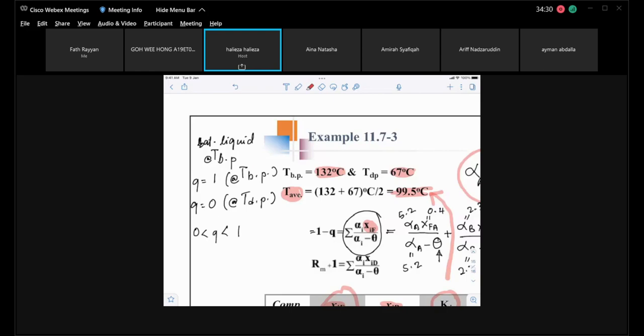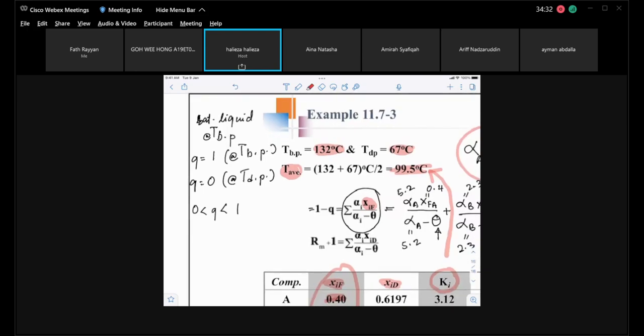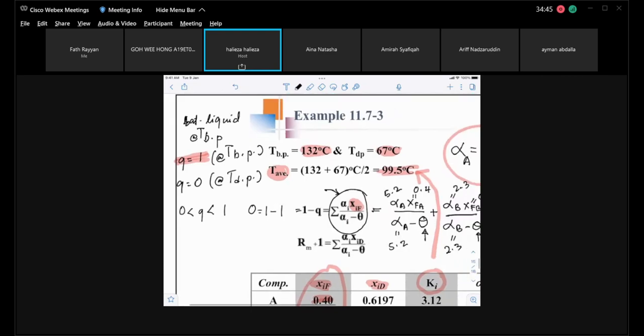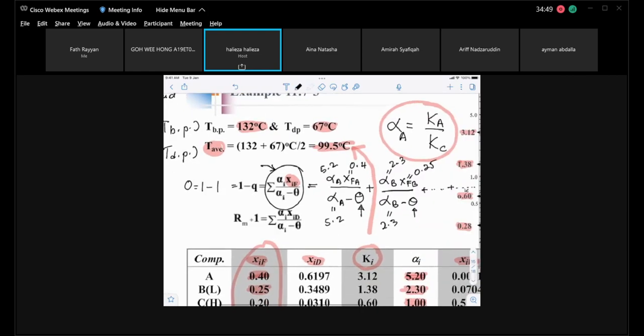So in this case, your Q is going to be equal to 1 because your feed is at its boiling point, saturated liquid. So now you just calculate 1 minus 1, which turns out to be 0. So the summation over here must be equal to 0. That is how you get your theta, by trial and error.